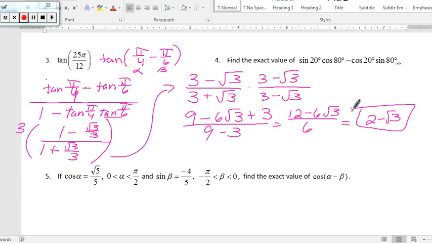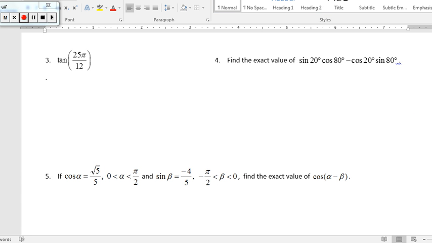Okay, so that was the tangent problem. Let's move on to number 4. We're looking to find the exact value of this right here. And what I'm noticing is that it is the sine of alpha minus beta formula, where the alpha is equal to 20 and the beta is equal to 80.